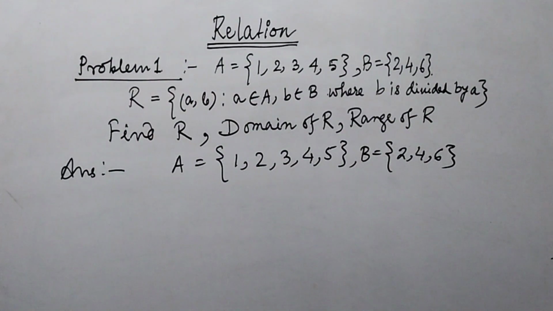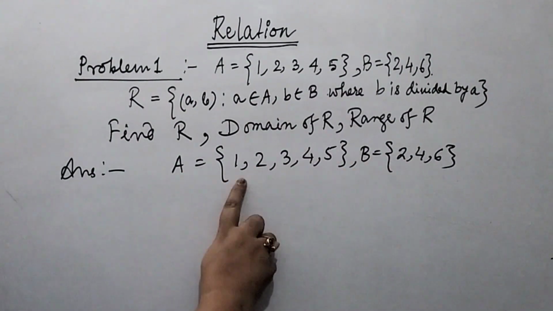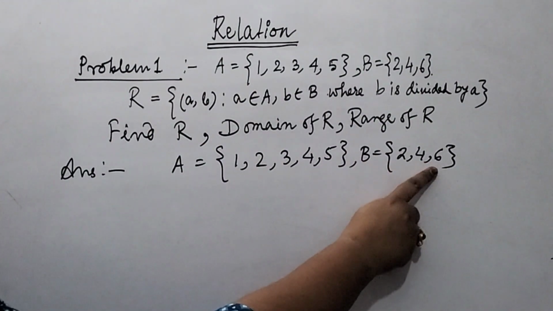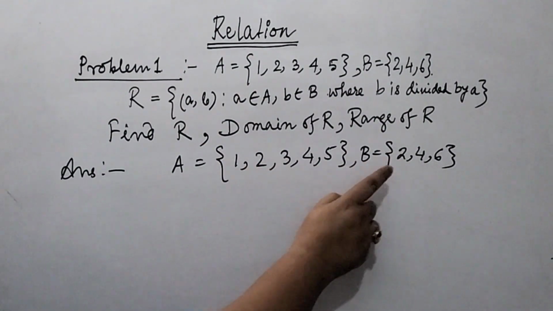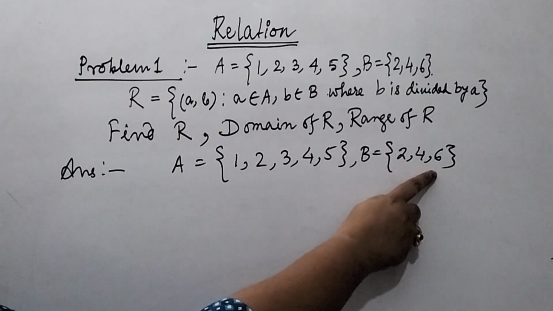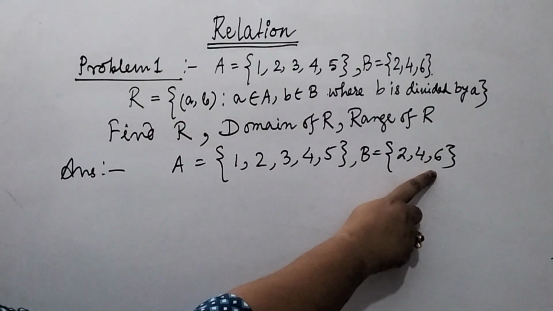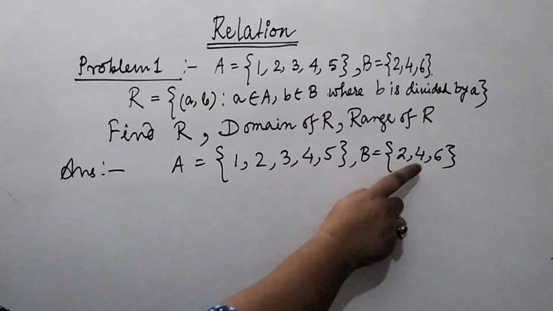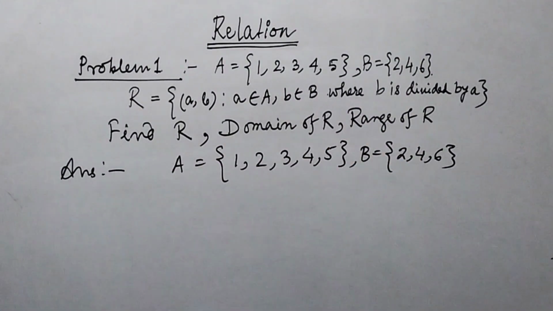The elements of the Cartesian product of the sets A and B are of the form (1,2), (1,4), (1,6), then (2,2), (2,4), (2,6), (3,2), (3,4), (3,6), (4,2), (4,4), (4,6), (5,2), (5,4), (5,6), right?